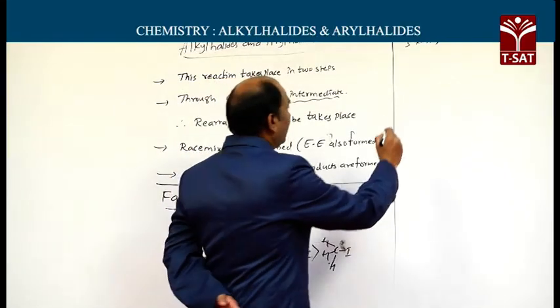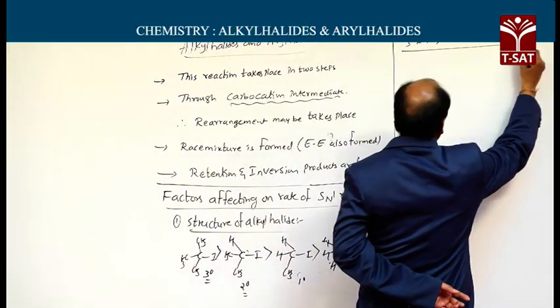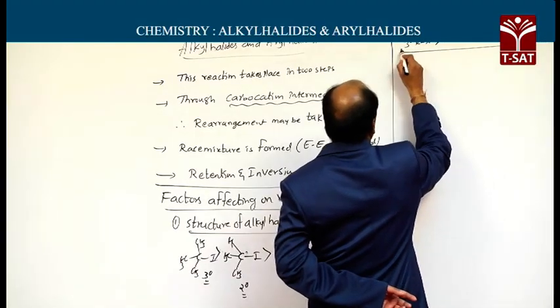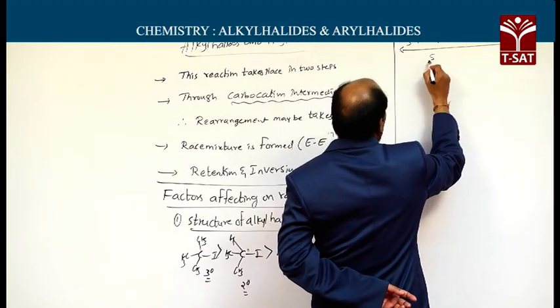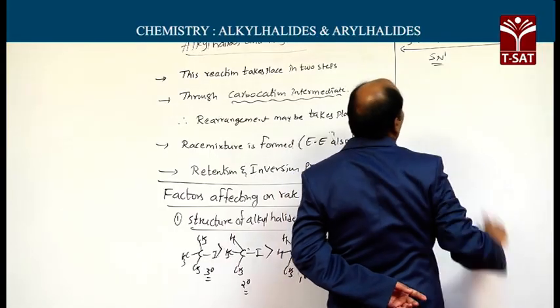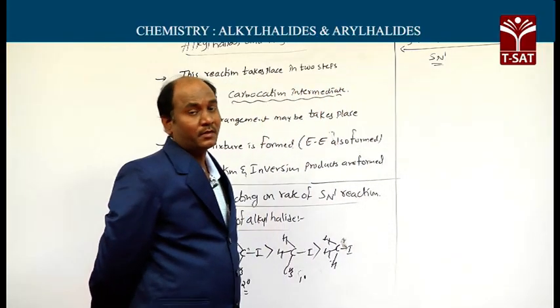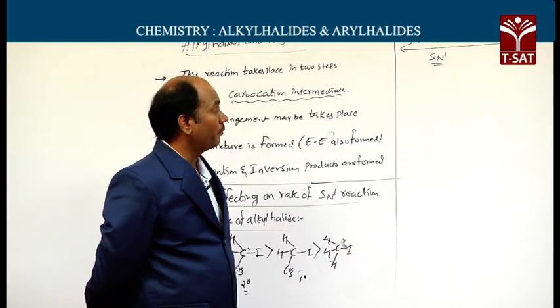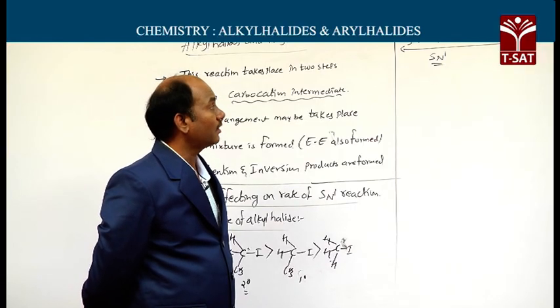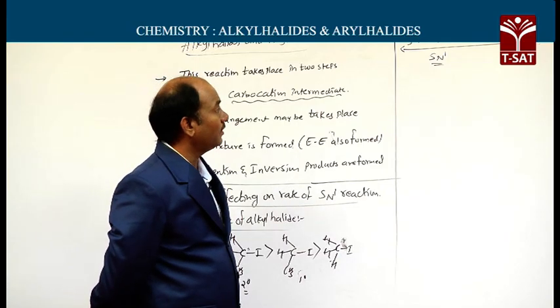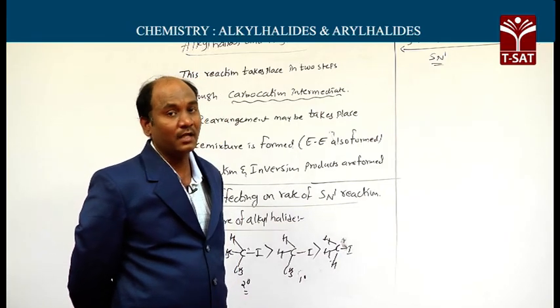This is the reactivity towards SN1 reaction, in decreasing order. SN1 కి SN2 కి మనం అబ్జర్వ్ చేస్తే SN2లో ప్రైమరీ ఈజ్ గ్రేటర్ దాన్ సెకండరీ ఈజ్ గ్రేటర్ దాన్ టెర్షరీ, SN1లో టెర్షరీ ఈజ్ గ్రేటర్ దాన్ సెకండరీ ఈజ్ గ్రేటర్ దాన్ ప్రైమరీ ఈజ్ గ్రేటర్ దాన్ మిథైల్ హాలైడ్.